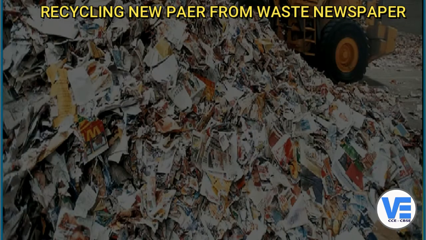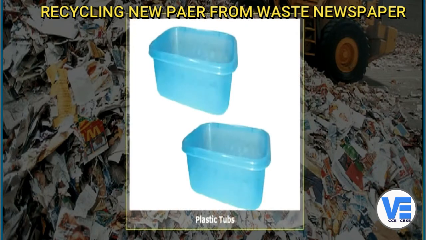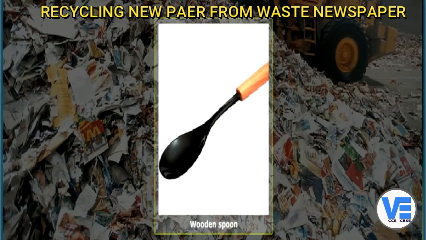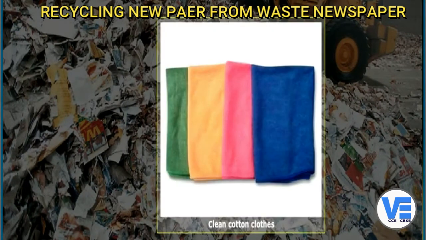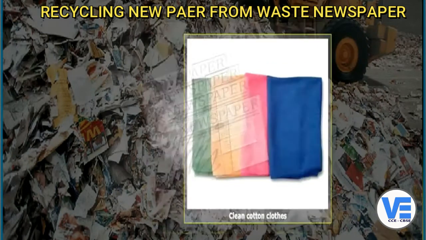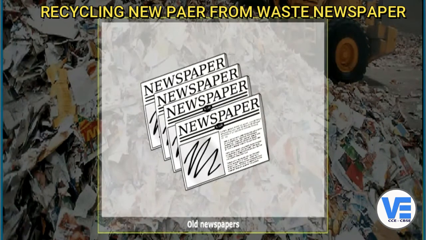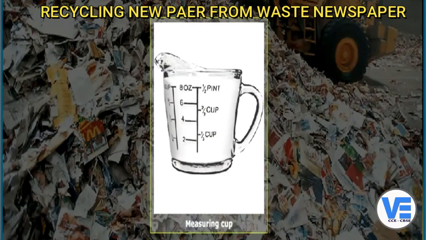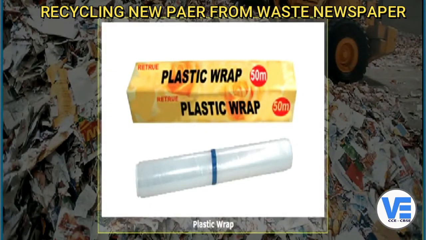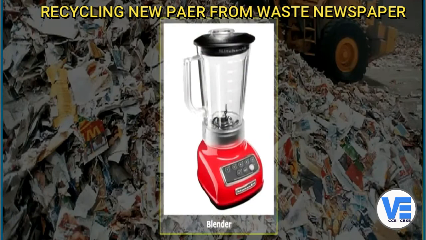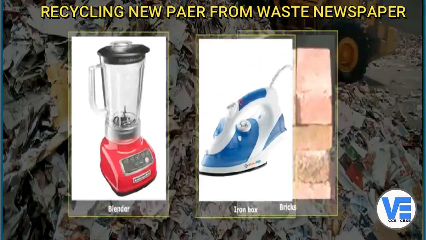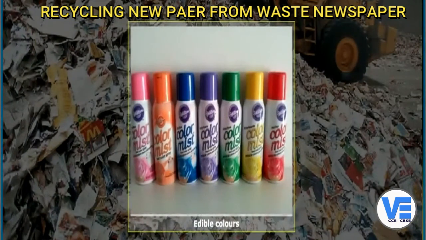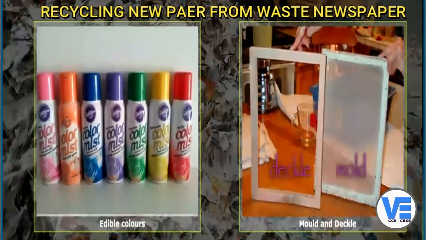The materials that are required for recycling of papers are 2 plastic tubs, wooden spoon, water, clean cotton cloths, old newspapers, measuring cup, plastic wrap, blender, bricks, iron box, edible colors, mold, decal.